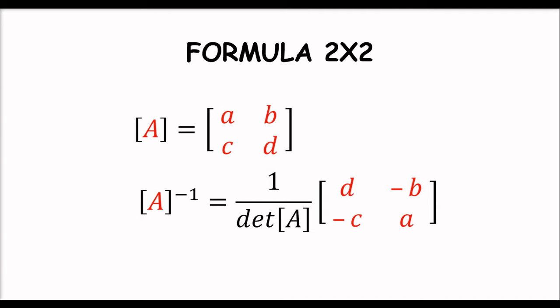The inverse matrix formula is A inverse equals 1 over determinant A, times, from the original matrix, you need to change the place from AD to DA, and for B and C you need to add a negative. If you don't understand, never mind. I will show you an example of the inverse matrix of 2 by 2.